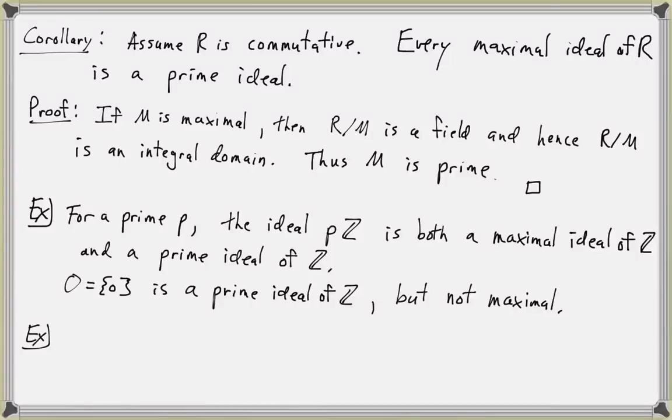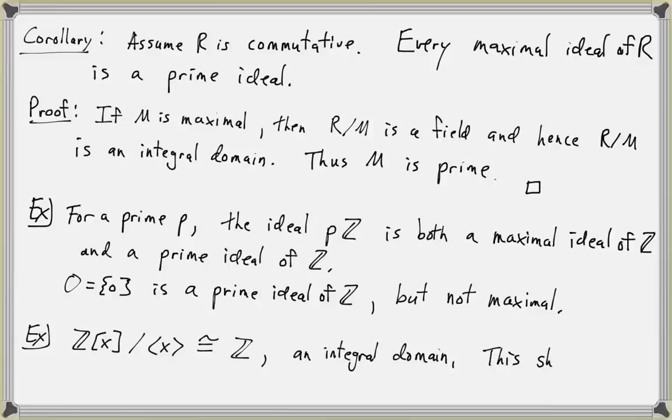Another example, the ring of polynomials with integer coefficients, mod the ideal generated by x, is isomorphic to the ring of integers, which is an integral domain, so the previous theorem again shows that the ideal generated by x is a prime ideal.